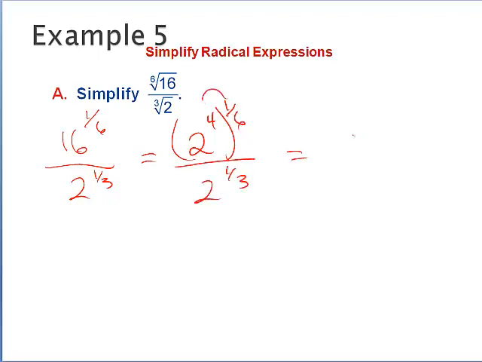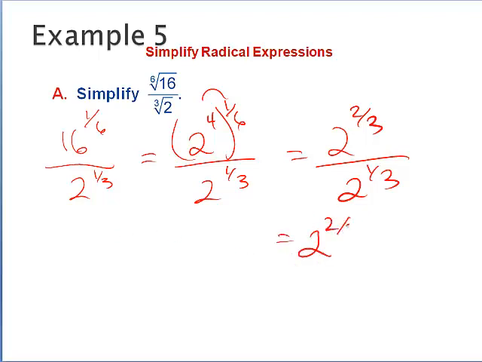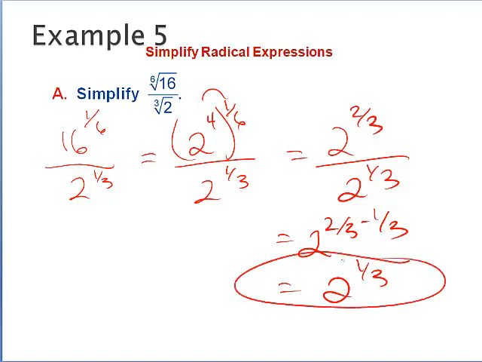I can multiply the power of power and simplify it. Then I have bases that are the same, so I can subtract the exponents. So that is my final answer, or in radical form, there's my final answer.